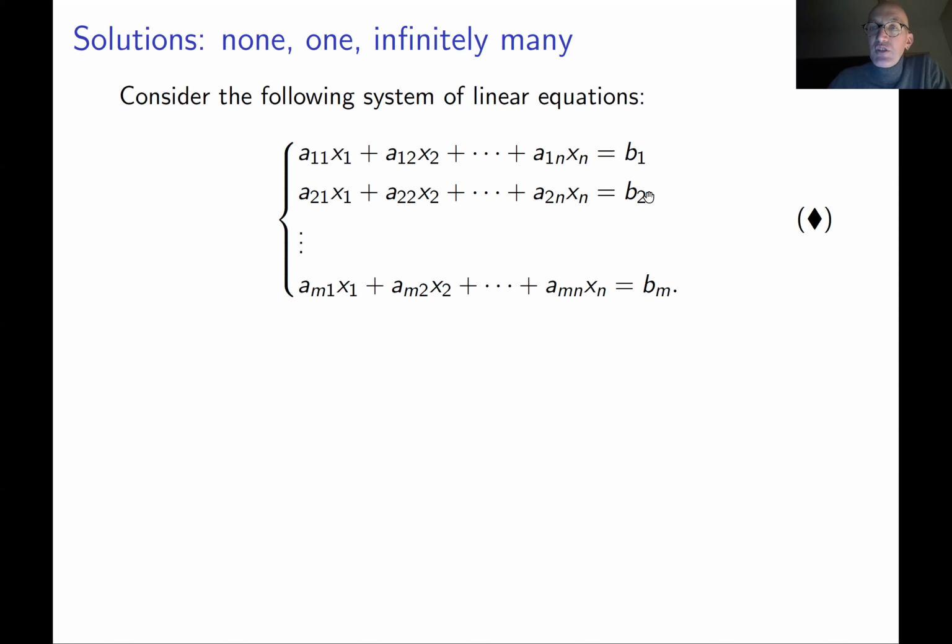But maybe b2 is not obtained from b1 by multiplying by 2. Maybe b1 is 1 and b2 is 4. In this case, when you subtract one equation from another, you get 0 equal to 3.